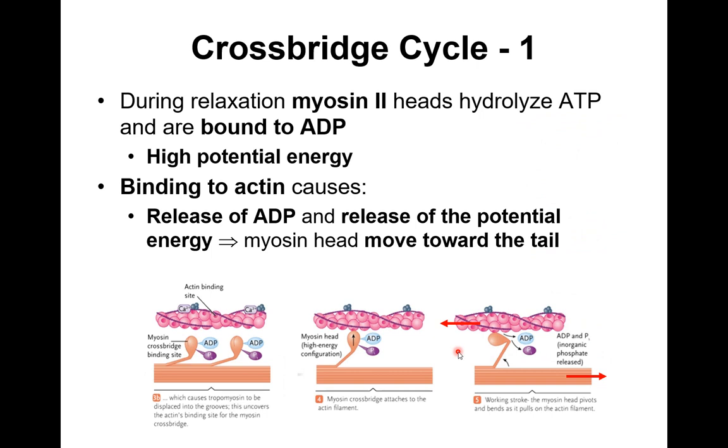Well, the first thing you have to understand is that in resting condition, the myosin 2 heads will be bound to ADP. Why? Because they have an ATP binding site, and they break down ATP, but the energy that was in that ATP is transferred to this bond and overall to the structure of the myosin 2 head.